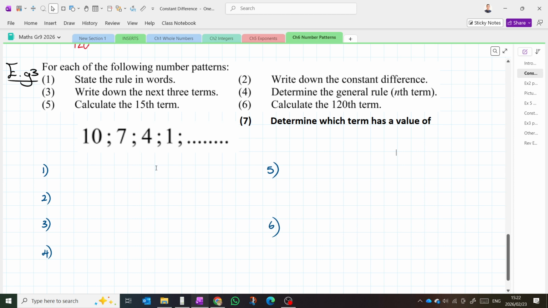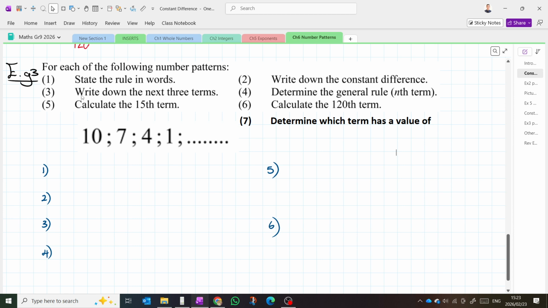Let's first have a look at what is given to us. We are given the number pattern 10, 7, 4, 1. Okay, so firstly, state the rule in words. As I said earlier, we don't want you to just reiterate the general term in the same words that you write, as in something times n plus or minus something.